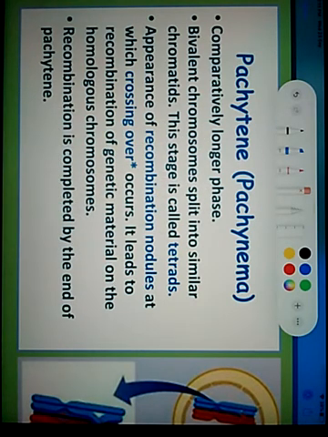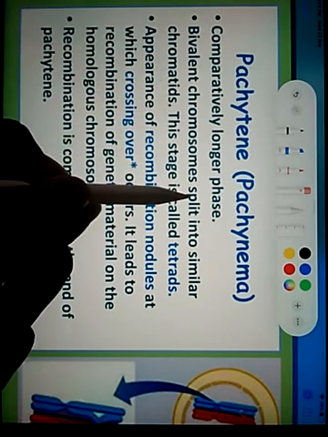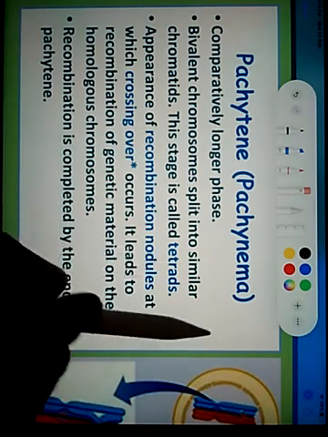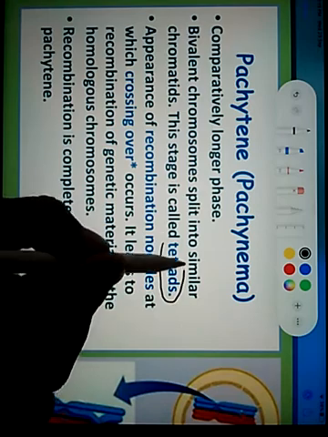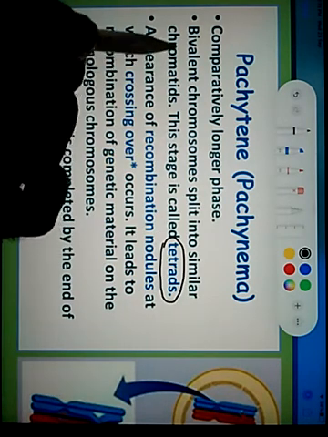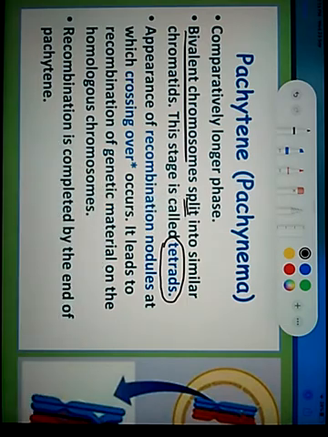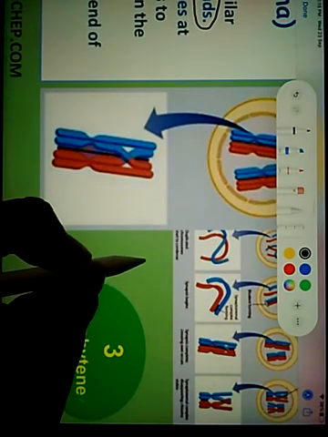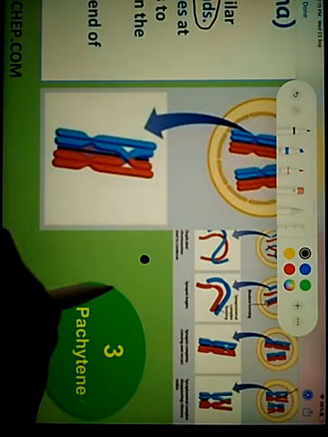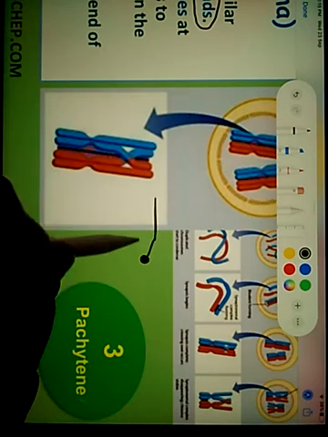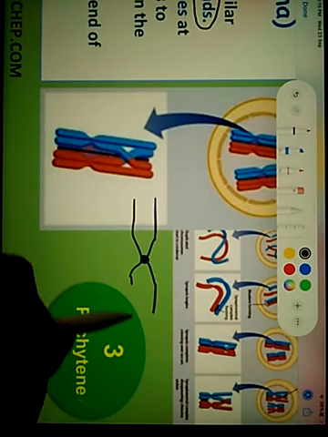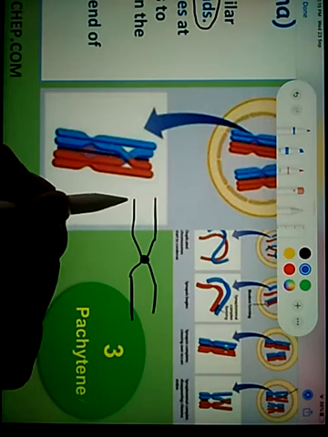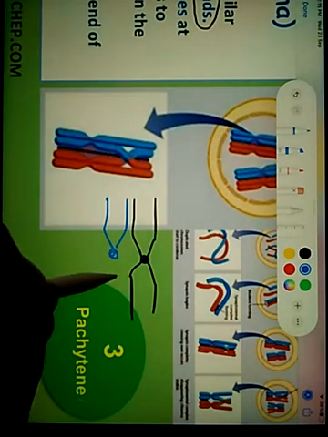Why? Because it takes so long, and the bivalent chromosome splits into similar chromatids, and this stage is called tetrad. Look, bivalent chromosomes split into similar chromatids. Now if I talk about this phase, for example, this is homologous chromosome number 1, and this is homologous chromosome number 2.